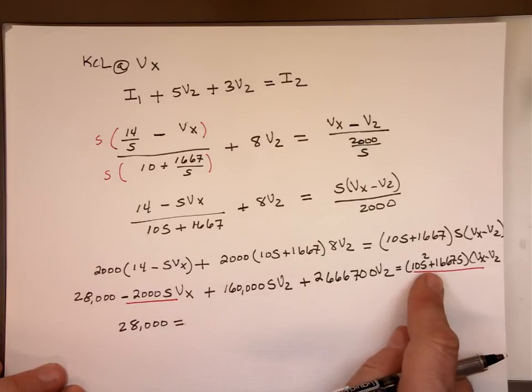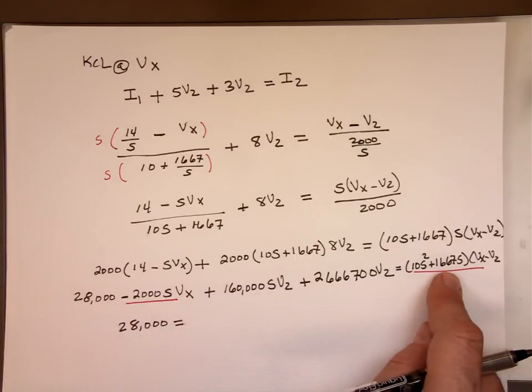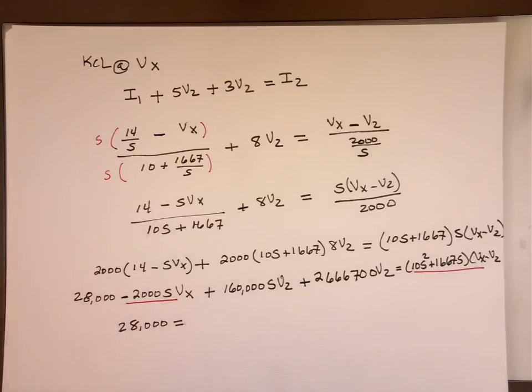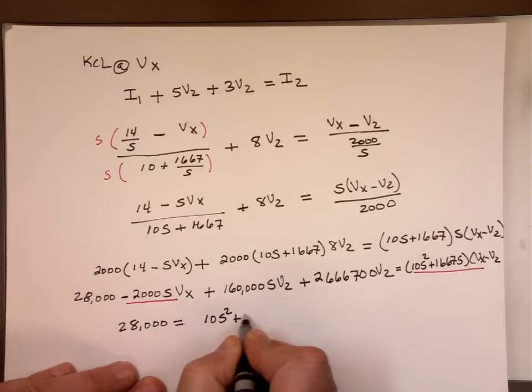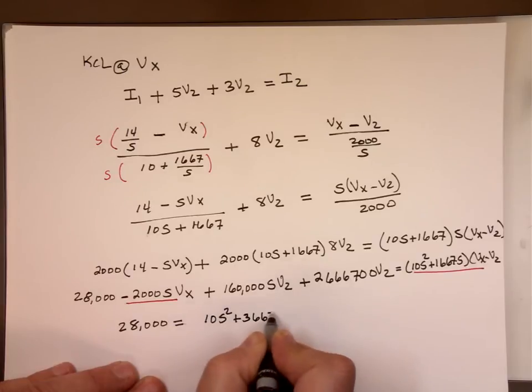And 16 with an S, and I have 16, so what is that? 1, 6, 6, 7 plus 2,000, 3, 6, 6, 7. So I'm going to have 10S squared plus 3,667S times Vx.